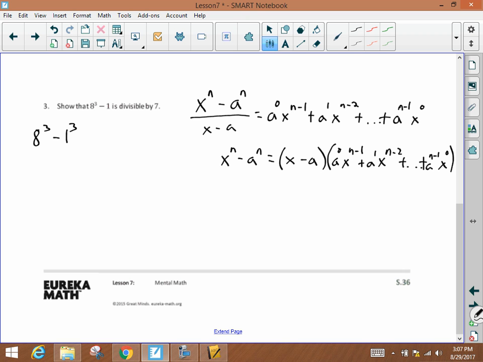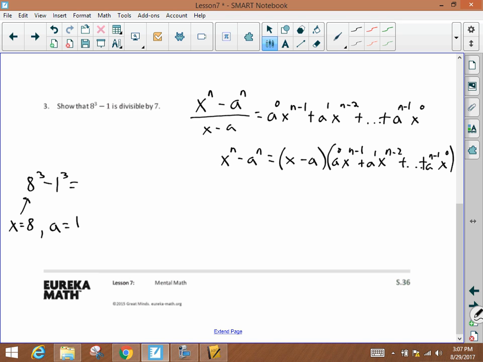So, 8 to the third minus 1 to the third, right? Now I'll look at that lower equation that we wrote. First of all, let's figure out what is x. In this case, x would be 8, right? And then what is a? a is 1.